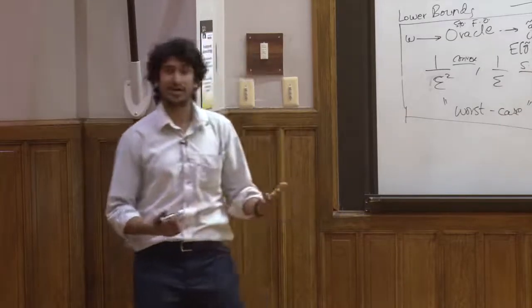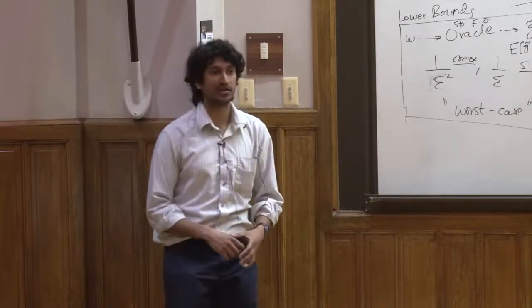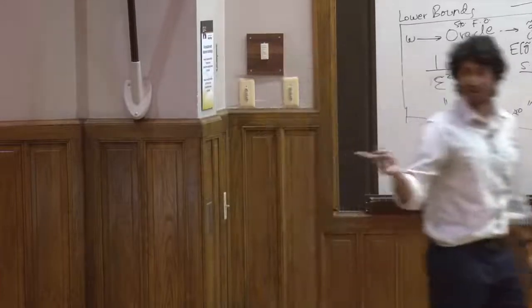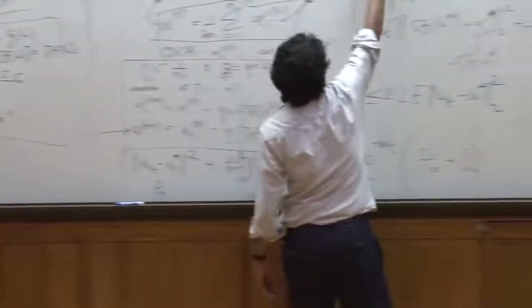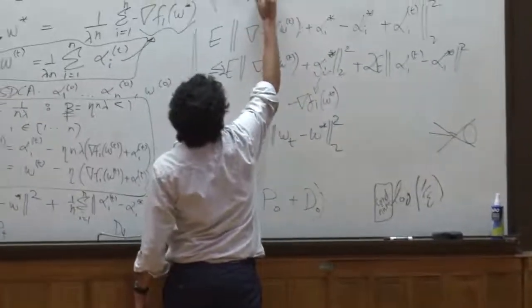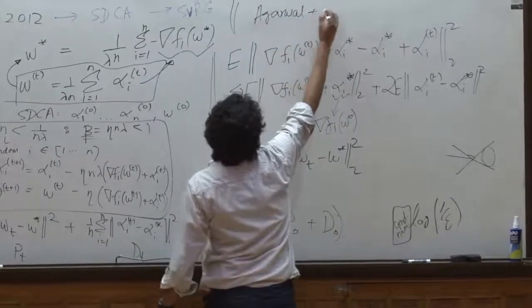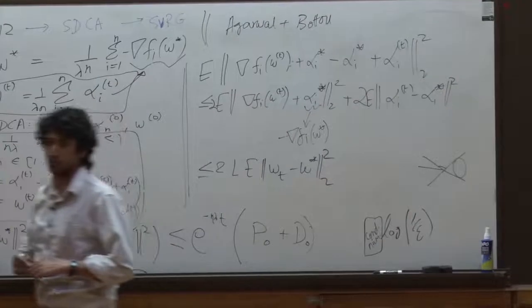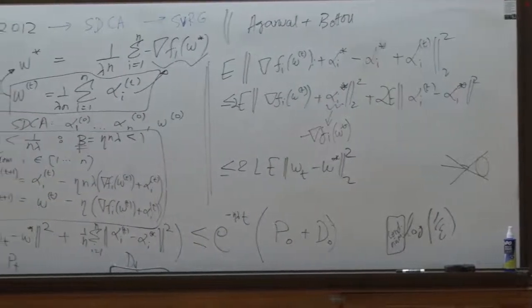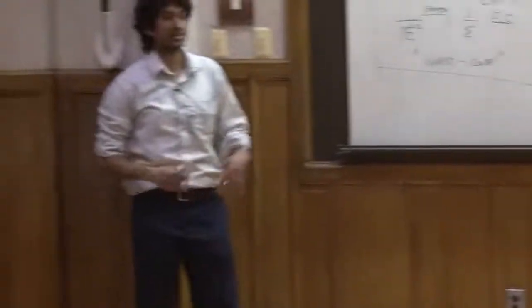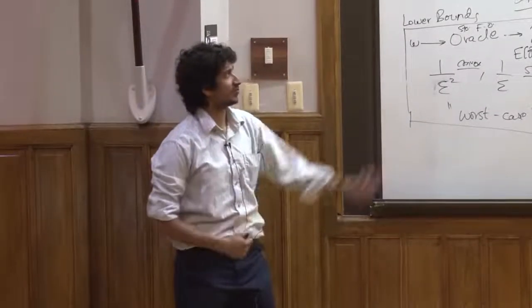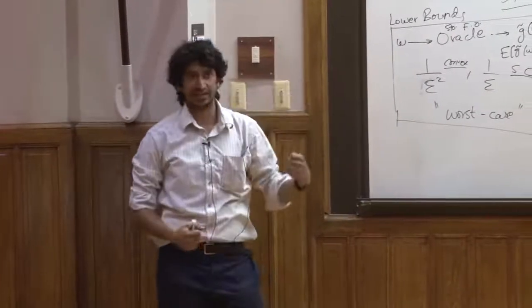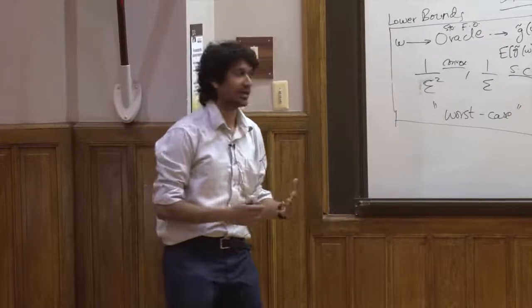There's an excellent paper that came out at the end of 2014. I wrote a little blurb about it in the notes. It was by Agarwal and Leon Bottou. Agarwal and Bottou just try to downplay the optimism of these methods a little bit. So it seems right now that we're very optimistic. We get the best of both worlds of gradient descent and stochastic gradient descent and things like that.